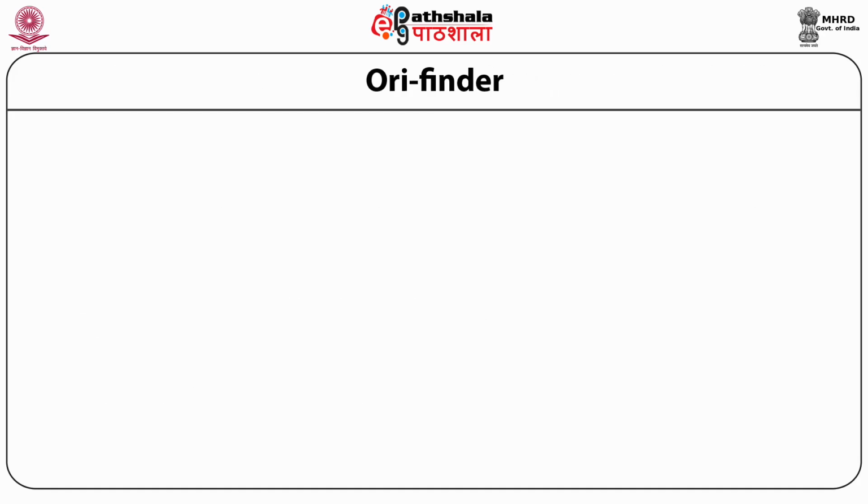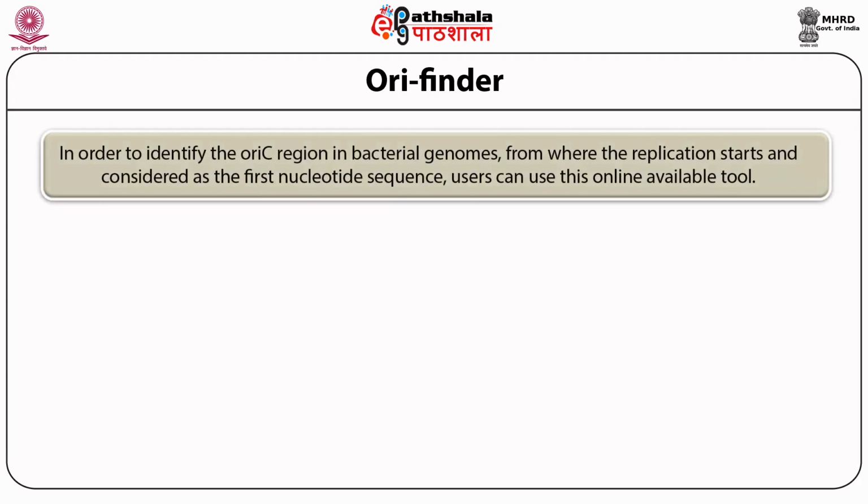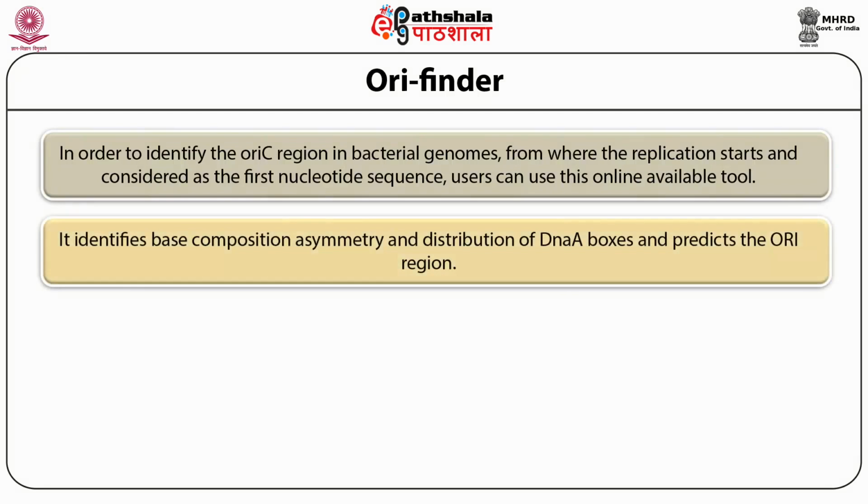ORI Finder. In order to identify the oriC region in bacterial genomes from where the replication starts and which is considered as the first nucleotide sequence, users can use this online available tool. It identifies base composition asymmetry and distribution of DNA boxes and predicts the ORI region.